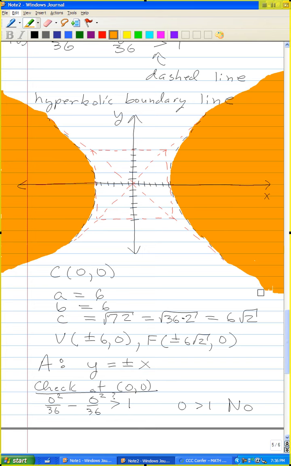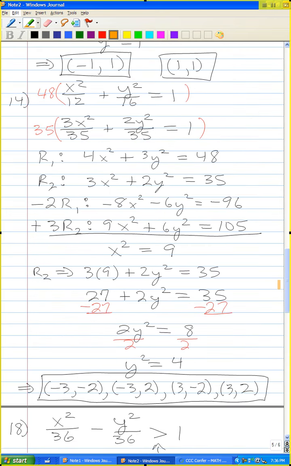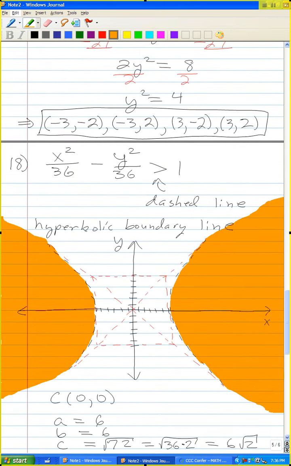Okay, sorry. Good enough. I'm never going to get that last area. Okay, good. So that is the solution.